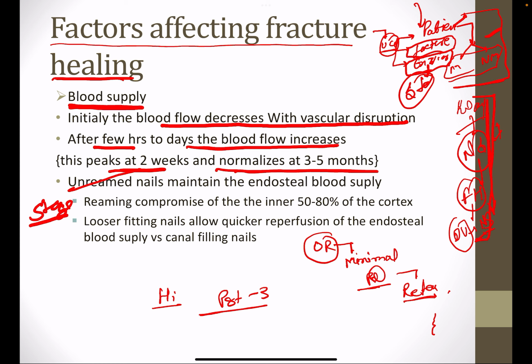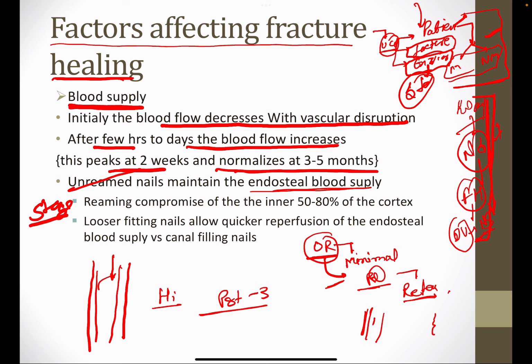So we discussed open reduction. If we are putting a plate, we should do minimal periosteal stripping. Now comes the concept of endosteal blood supply. Open reduction is mostly talked about in terms of periosteal blood supply. What about endosteal blood supply? When we do intramedullary nailing, say in a femur fracture or tibia fracture, we ream inside first before putting the nail.